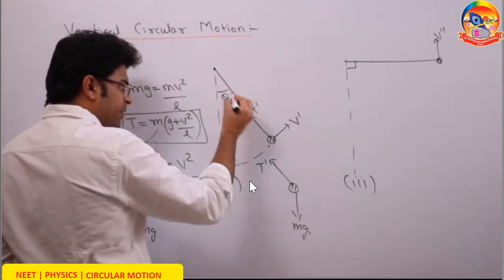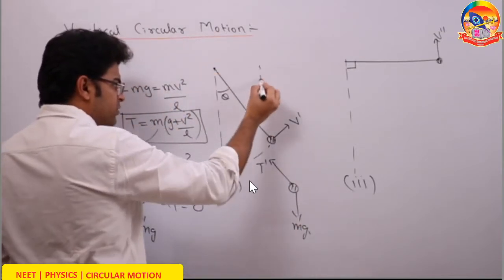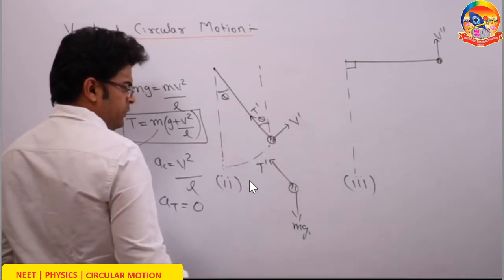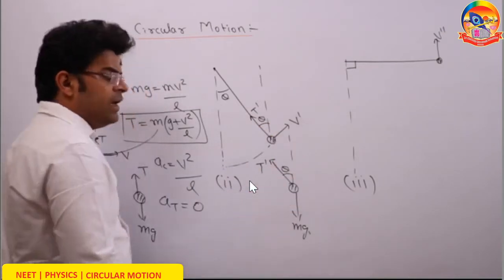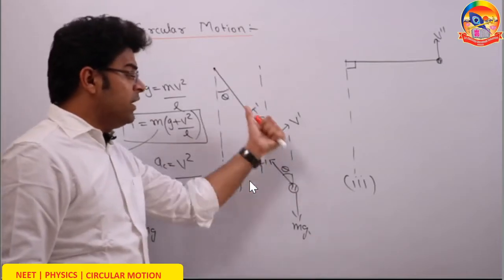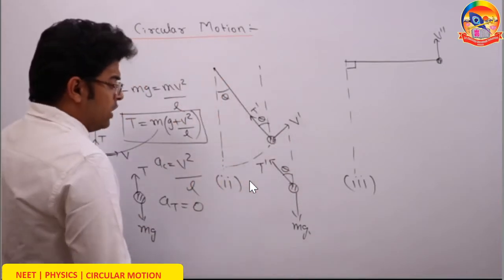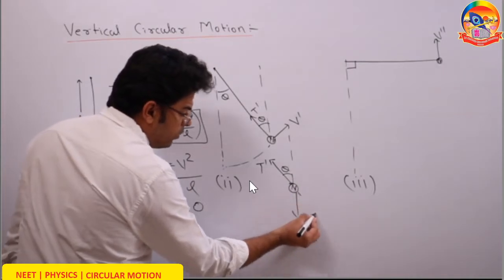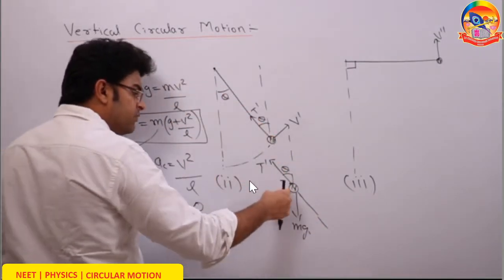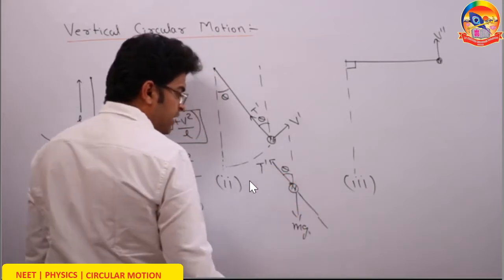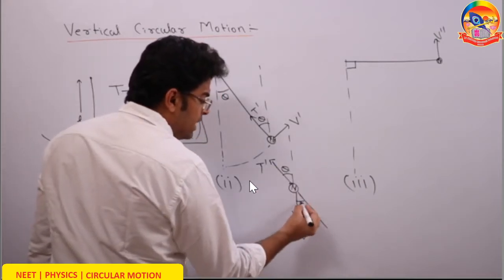If this string makes an angle theta with the vertical, this angle also has to be theta. The net force acting towards the center equals the centripetal force. So here I will have to break down the force of gravity: the tension is towards the center, but there is one component of the force of gravity away from the center.